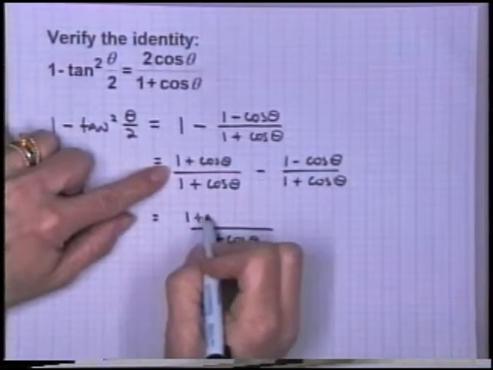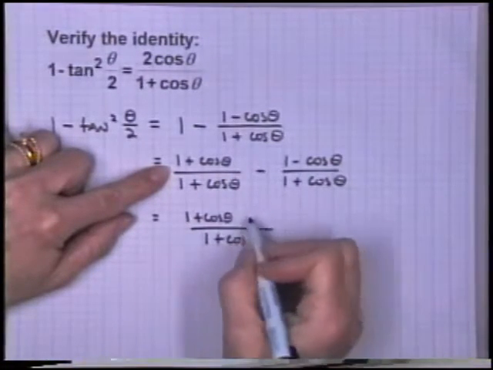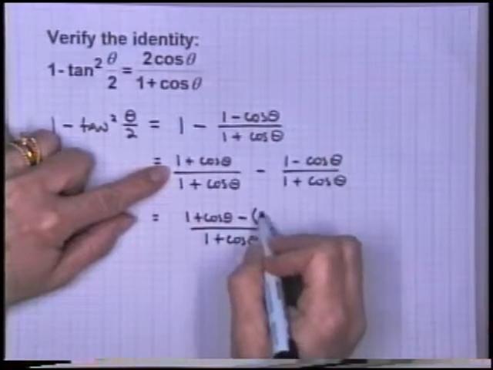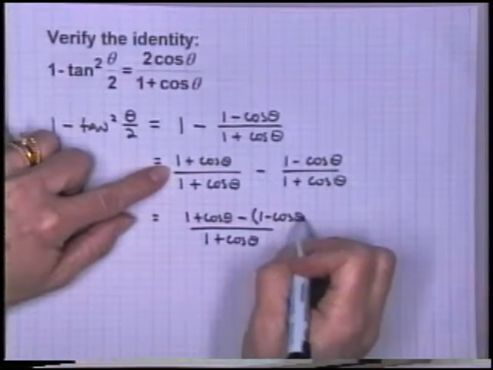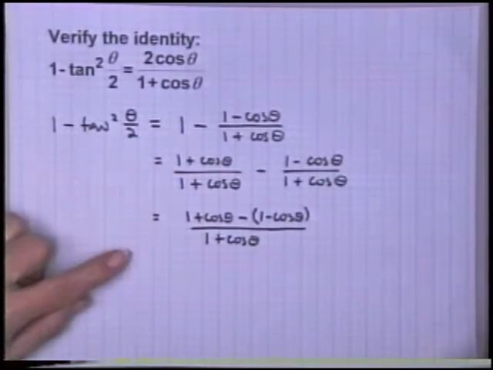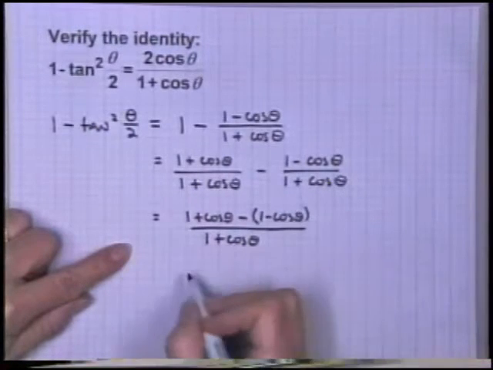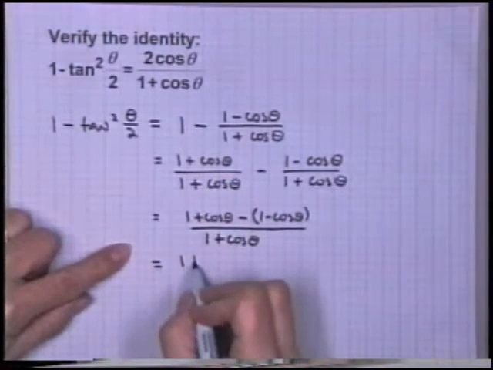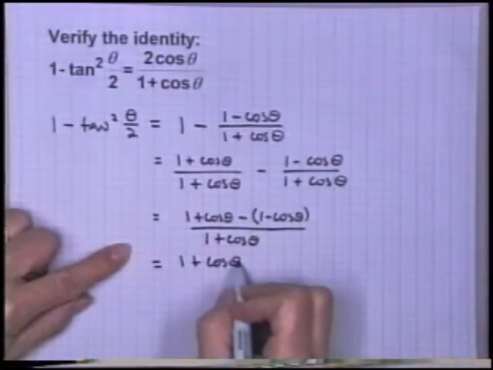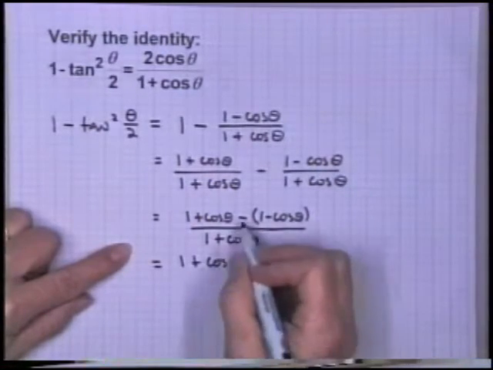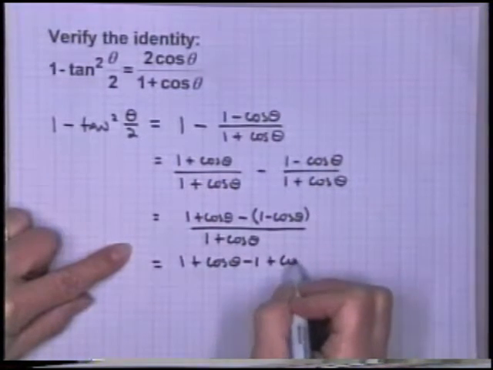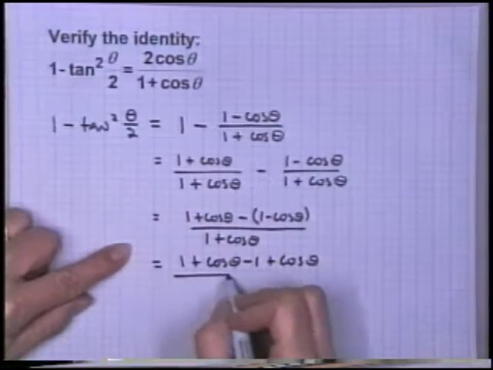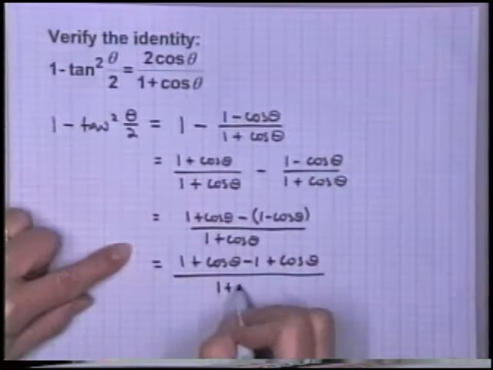Now let's see what happens up here. I have 1 plus cosine theta minus the quantity 1 minus cosine theta in the numerator. When I distribute that negative, I'm going to get 1 plus cosine theta minus 1, notice plus cosine theta.